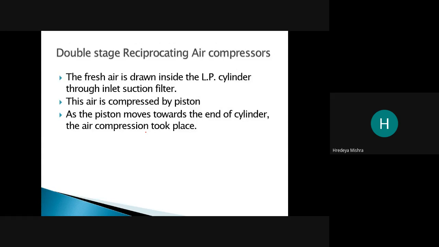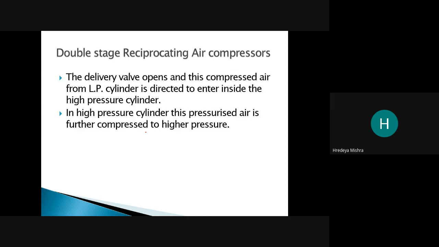Now the fresh air is drawn inside the low pressure cylinder through the inlet suction filter. This air is compressed by the piston. As the piston moves toward the end of the cylinder, the air compression takes place. The delivery valve opens and this compressed air from the low pressure cylinder is directed to enter the high pressure cylinder.